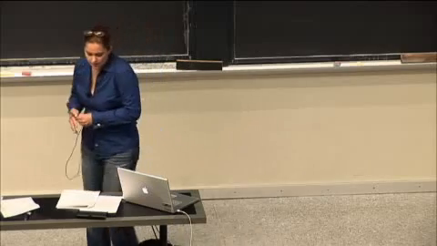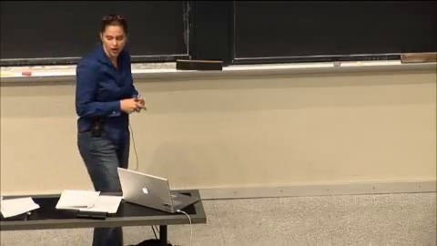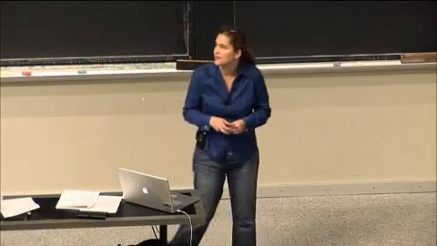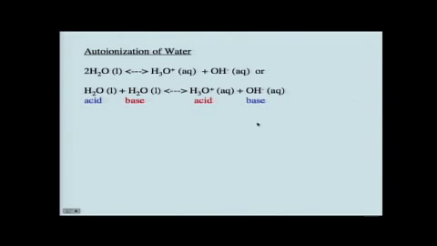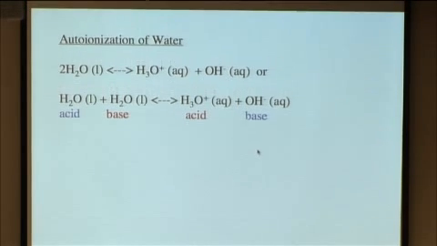So now let's come back to this issue of water and how water can act as an acid or a base. If it can act as an acid or a base, it seems like it can react with itself to do some chemistry, and it can. So up here, you could have one water molecule acting as an acid, giving up its hydrogen ion to another water acting as a base, forming hydronium ion, and also forming hydroxide ion.